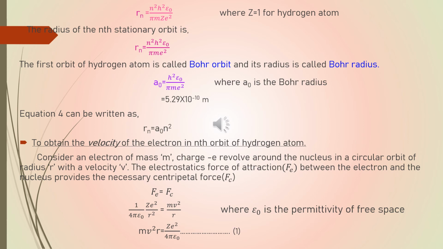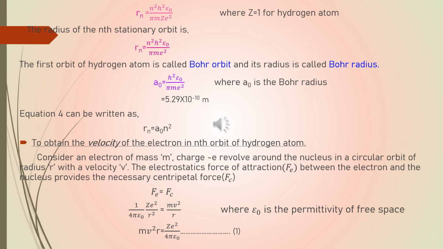Similarly, let us obtain the equation for the velocity of the electron in the nth orbit of the hydrogen atom. Consider an electron of mass m, charge e, revolving around the nucleus in a circular orbit of radius r with a velocity v. The electrostatic force of attraction between the electron and the nucleus provides the necessary centripetal force.